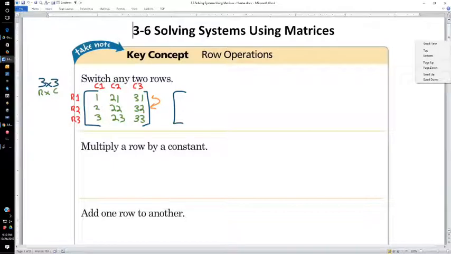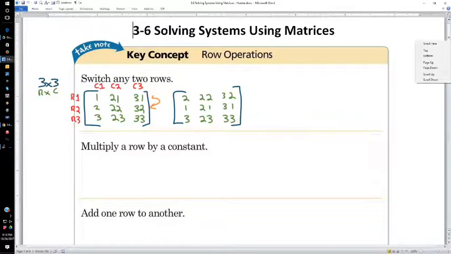I would have 21, 22, and 23, and then we would do 11, 12, and 13, and then we would have 31, 32, and 33. And this technically is exactly the same matrix.